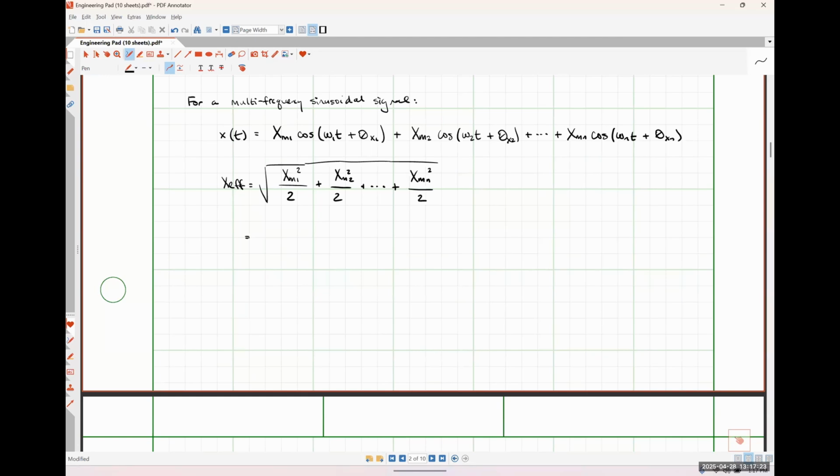And so what that would look like is it's just going to be the square root of x effective at omega 1 squared plus x effective at omega 2 squared all the way out to x effective at omega n squared.